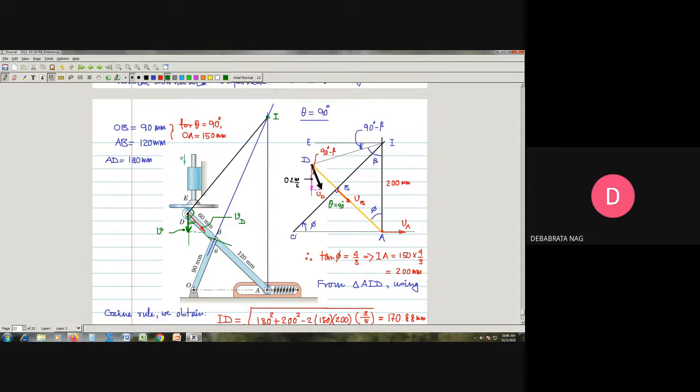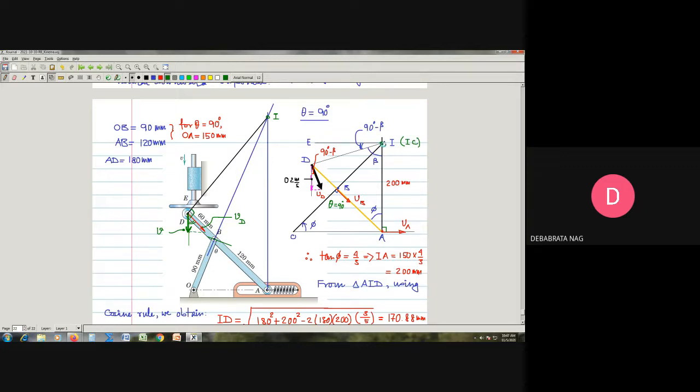I just once again tell that I draw a perpendicular line, this is the perpendicular to the VA direction, and I draw first perpendicular to this line OA, and then I extend the line OB, allow them to come and meet at point I, which will be our instantaneous center. So I here will be my IC.